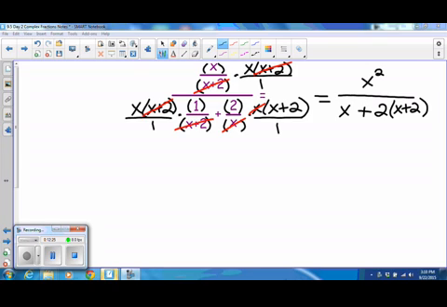Right? I'm going to distribute on the bottom now because I see that I'm going to have some like terms that I need to combine.